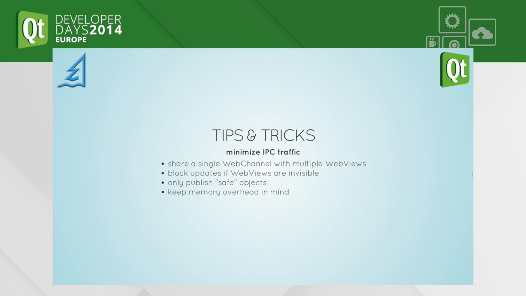And if performance starts to slow down, you need to minimize the IPC traffic. So what does this mean? You need to ensure that you don't emit signals every few milliseconds because some sensor changed, for example, rather maybe just do it once a second or something like that, right?